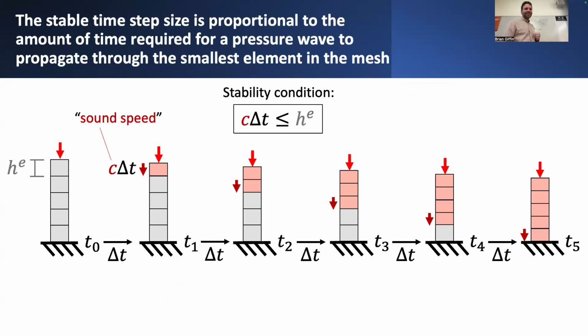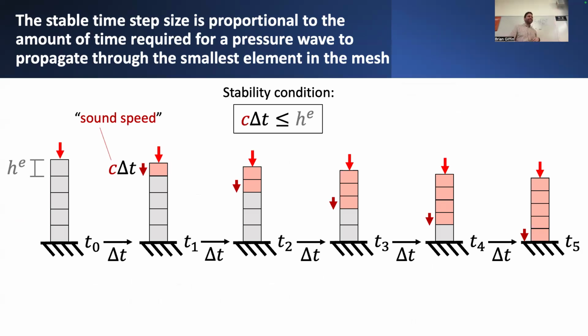Now, remember, this stable time step is governed by things like the size of the elements in my mesh and the sound speed of the material. Imagine what happens if the sound speed is really high, in other words, if the material is super stiff relative to its mass or its inertia. Or what happens when the size of the elements becomes really, really small?